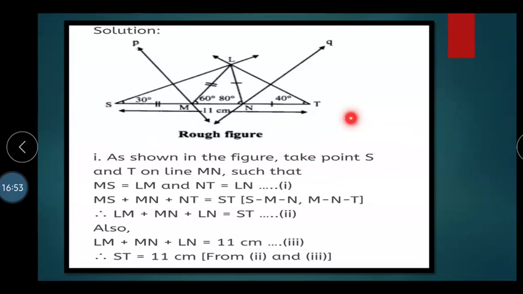Now, ST is formed by adding SM plus MN plus NT. Substituting the values from equation 1, we get LM plus MN plus LN is equal to ST. Also, LM plus MN plus LN is equal to 11 cm, which is given in the question. So, ultimately ST becomes 11 cm.